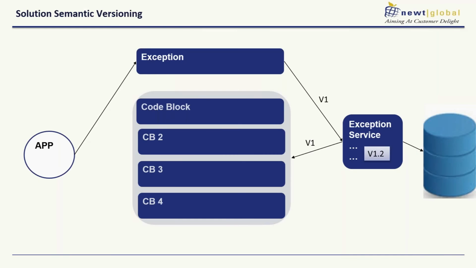So typically, we use something known as semantic versioning. The rule of thumb is very simple. If it's a release that has a backward compatible change, we just change the number after the decimal, so it becomes 1.2 or 1.3.